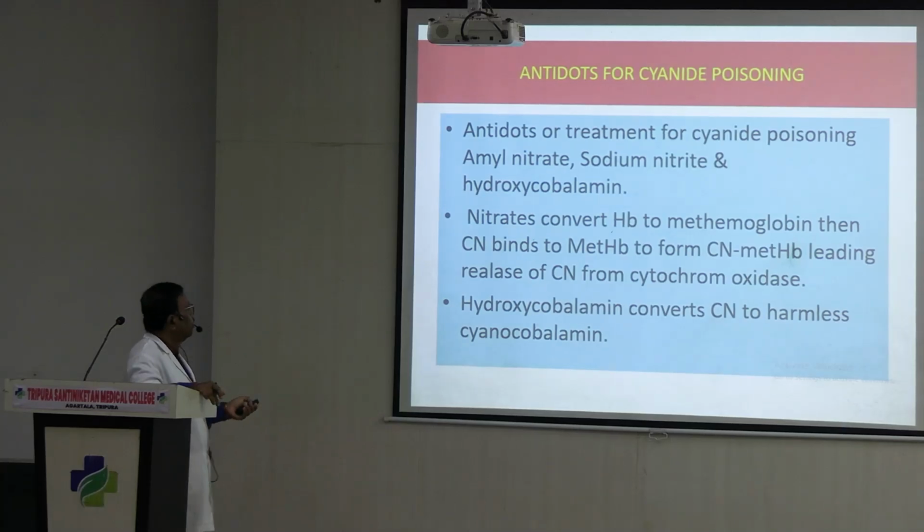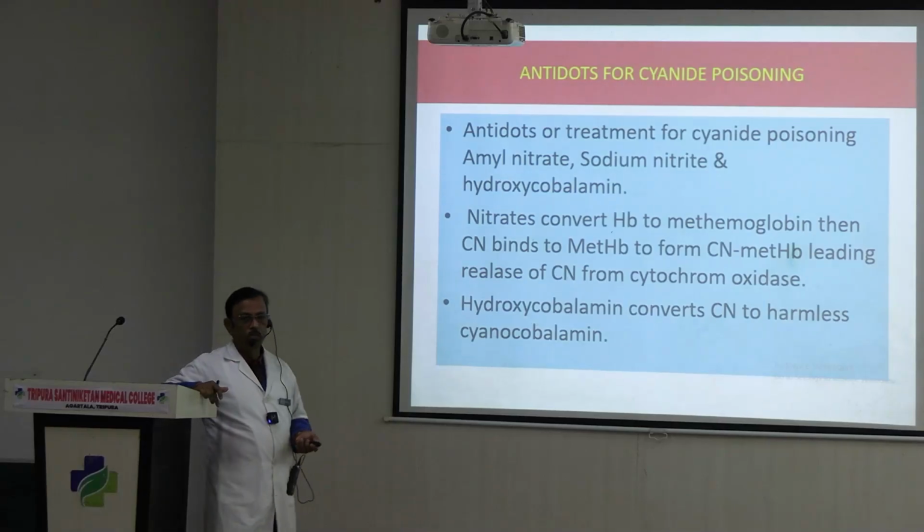When cyanmethemoglobin is formed, cyanide has increased affinity for methemoglobin, so it releases cytochrome oxidase and binds with the methemoglobin. Cyanmethemoglobin is not injurious to health, so the cytochrome oxidase is released and becomes functional again. Hydroxocobalamin converts cyanide to harmless cyanocobalamin.